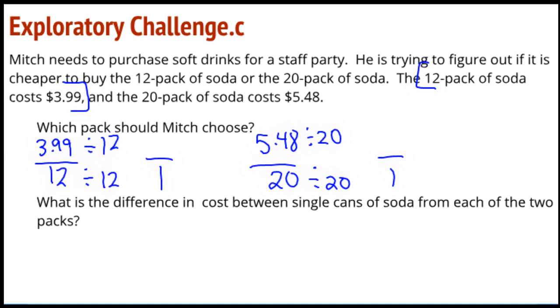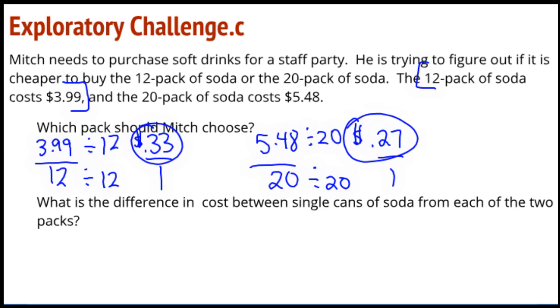So I'm going to scale both of them down so that I have 1 soda. $3.99 divided by 12 is going to give me about 33 cents per can of soda. And $5.48 divided by 20 is going to give me about 27 cents per soda.